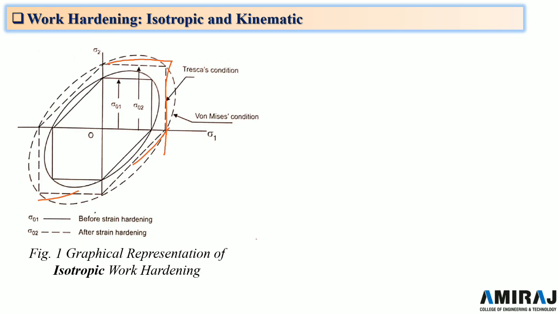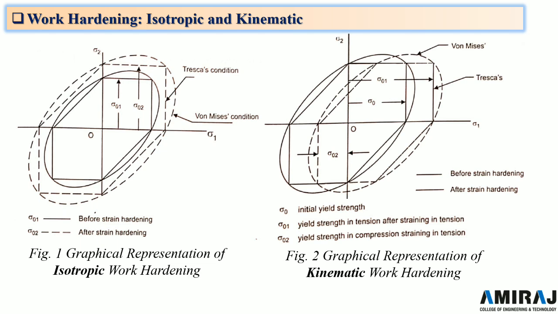In this case, the yield strength may not increase in magnitude, but the whole yield diagram shifts in the direction of the strain vector. Here there is no increase in the yield strength, but the diagram shifts towards the right, that is, in the direction of the strain vector, between before and after strain hardening.